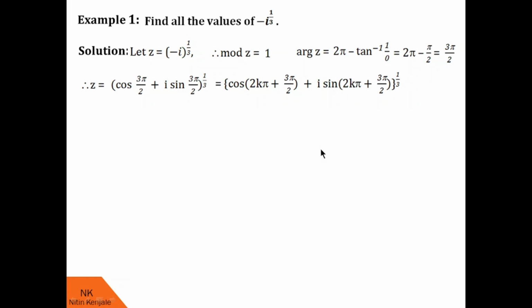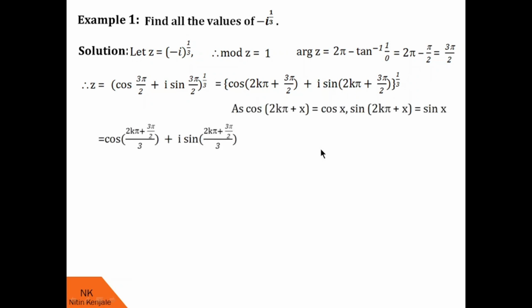Now we apply de Moivre's theorem, according to which we get cos of (2k pi plus 3 pi by 2) divided by 3 plus i sin (2k pi plus 3 pi by 2) divided by 3. Here we say that k takes values from 0 to n minus 1. Here n is 3, so n minus 1 is 2. So k takes values 0, 1 and 2.